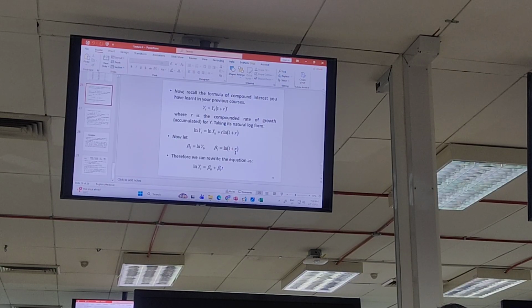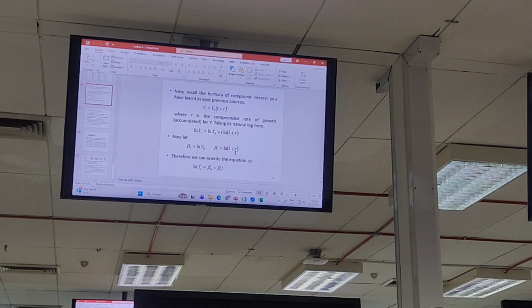So beta 1, so log(1 + r) is our beta 1 in the model. So beta 1 gives us an estimate for this. So 1 + r is equal to the exponent, so r is the exponent minus 1.